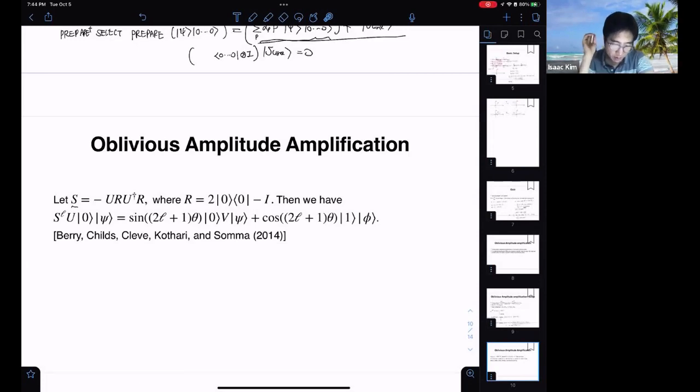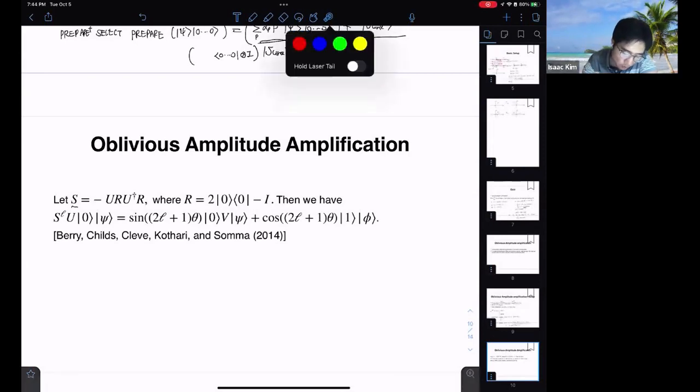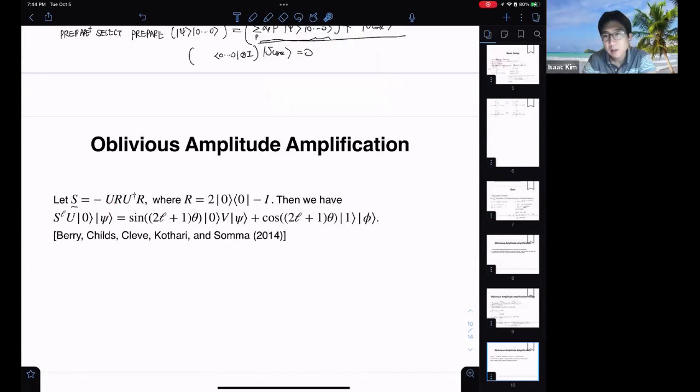So both of those operations are something that you can straightforwardly implement, because we already have shown how to implement that, at least for certain approaches to Hamiltonian simulation. And R, I guess I haven't told you, but believe me, has a very minor cost compared to the implementation of U. And if we simply iterate this S operation many times, you can boost this probability arbitrarily.